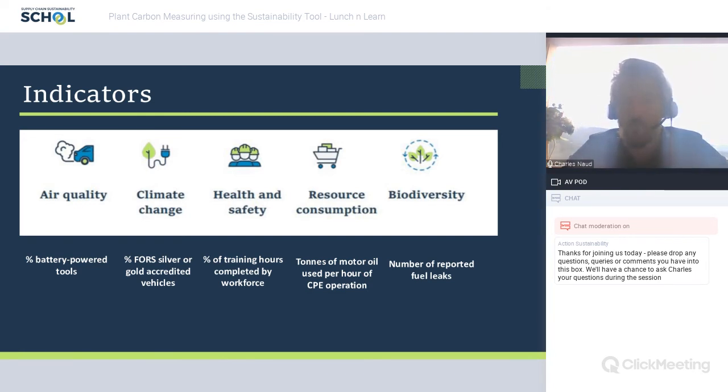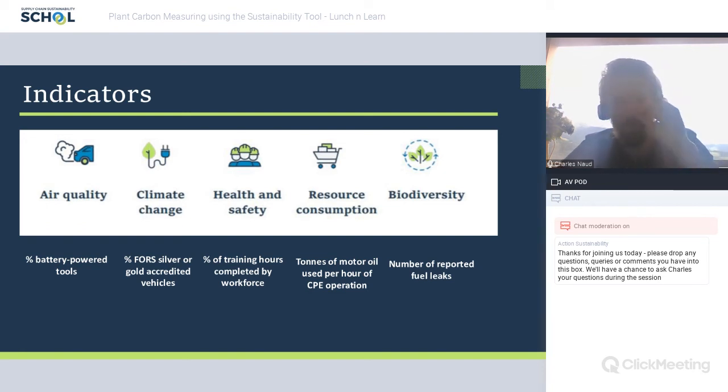So keeping some indicators, some KPIs, whereby they reflect the level of activity or effort you're putting into a certain strategy area can also be a good idea to help show progress and really keep your sustainability strategy moving and yourself motivated against that.